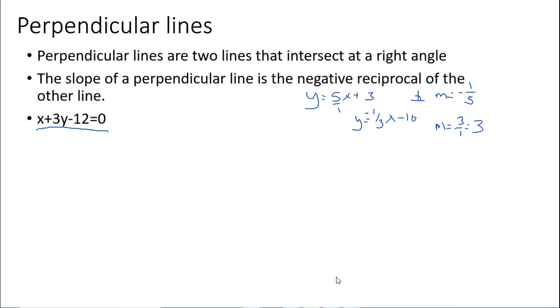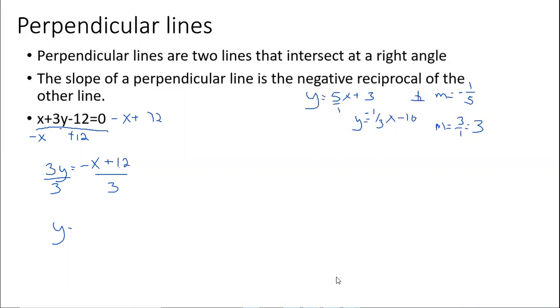We're going to solve for y, so we subtract x and add 12 to each side of the equation. So we get 3y is equal to negative x plus 12. We'll divide both sides by 3 to solve for y.